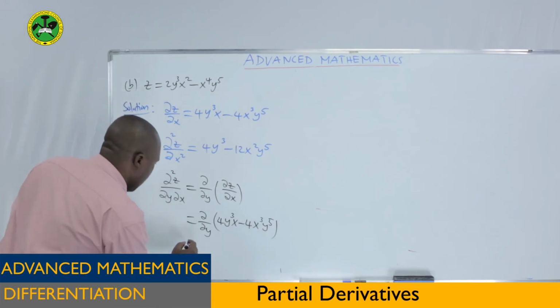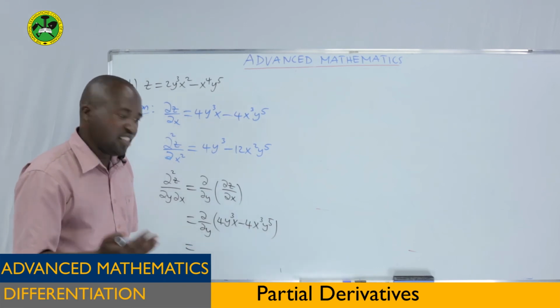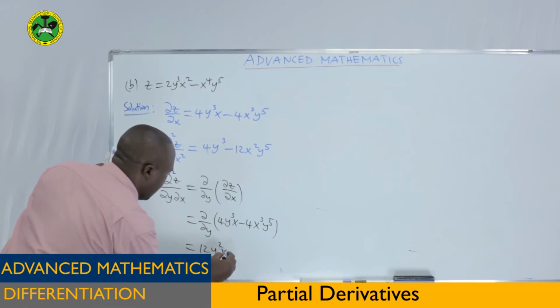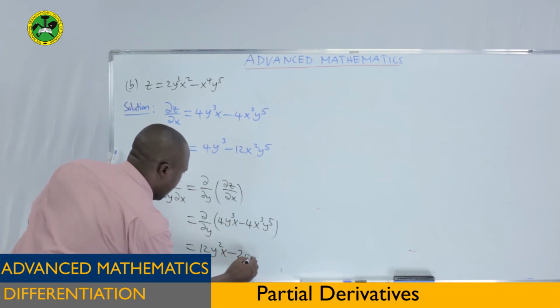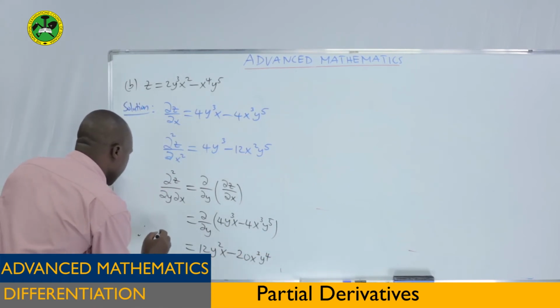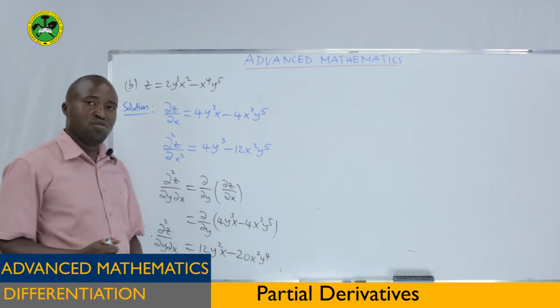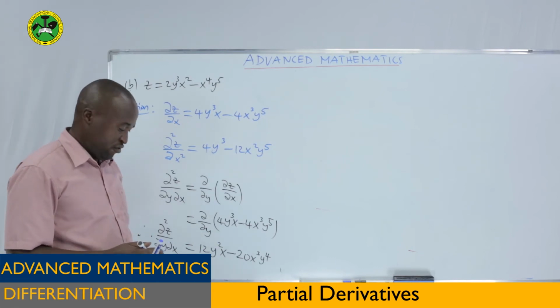So in this case we have, so we differentiate with respect to y. That means x is constant. So here we have 12y squared x, then minus, this time we have 20x cubic y power 4. So we said the second order partial derivative of z with respect to y and x will be equals to 12y squared x minus 20x cubic y power 4.